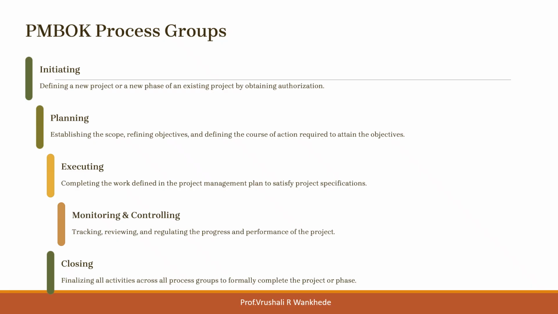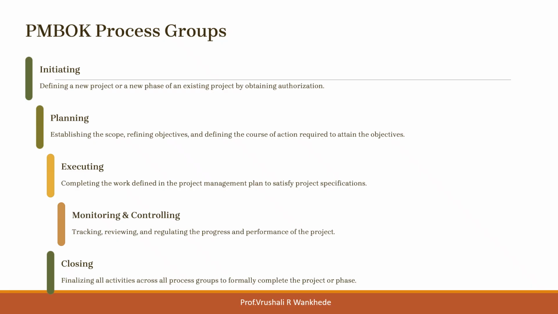Then planning: establishing the scope, refining objectives, and defining the course of action required to attain the objectives. First you should know what objectives mean. Objectives are what you are going to achieve, working toward certain parameters of that particular PMBOK process.